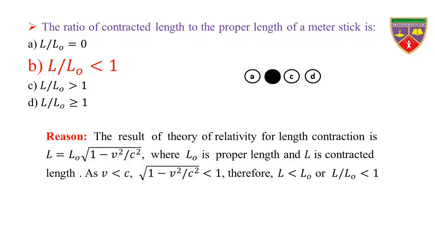Therefore, the square root of 1 minus V square divided by C square is less than 1. Therefore, L is less than L naught, or L to L naught is less than 1. Hence, the ratio is L to L naught less than 1.